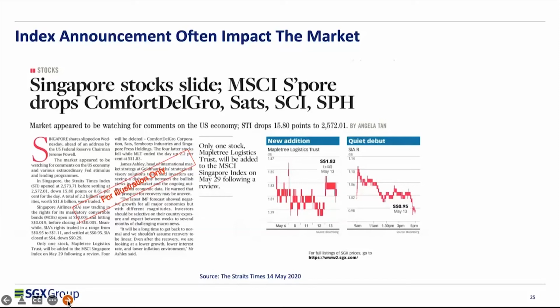We use FTSE, but why does it still move? Well, the other aspect is that MSCI Singapore acts as a benchmark for a lot of active managers. Now, a benchmark is a yardstick whereby they measure an active manager's performance, whether they can beat the index or fail to beat the index.